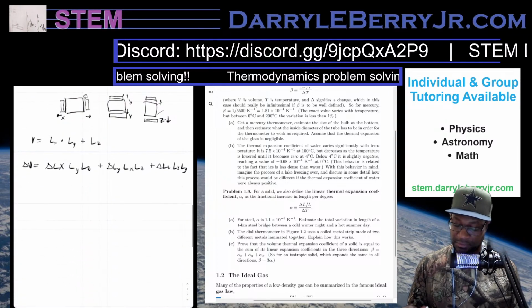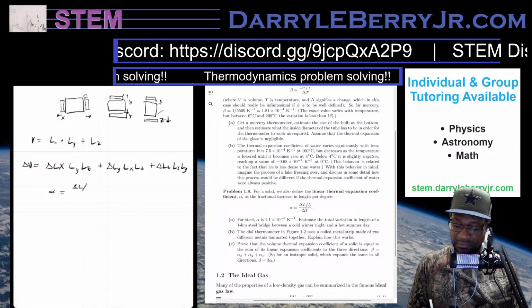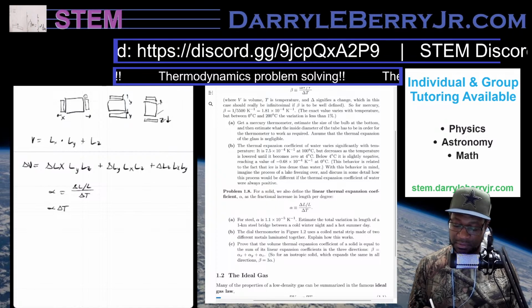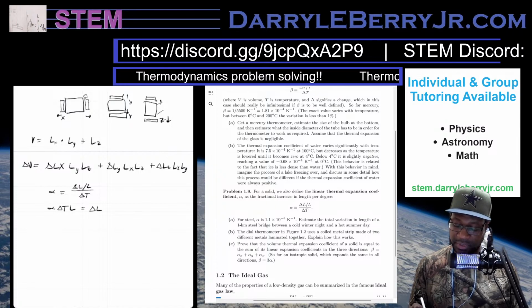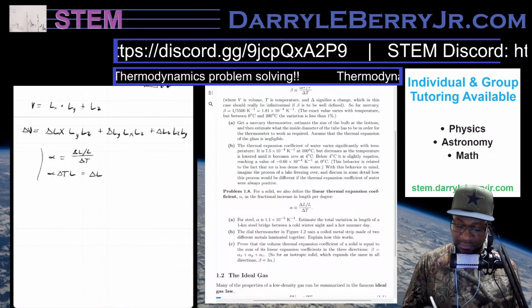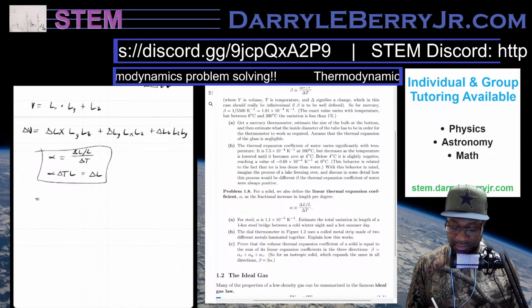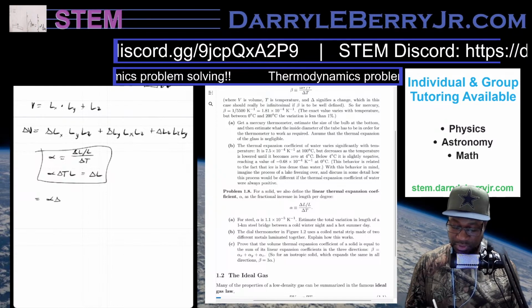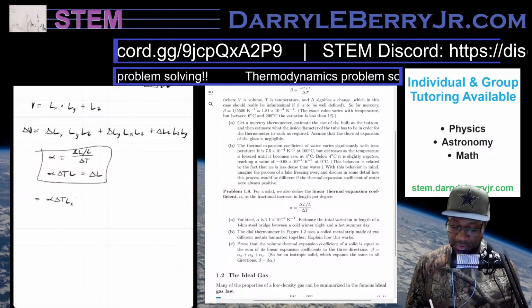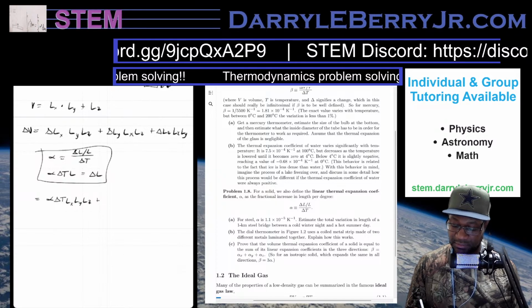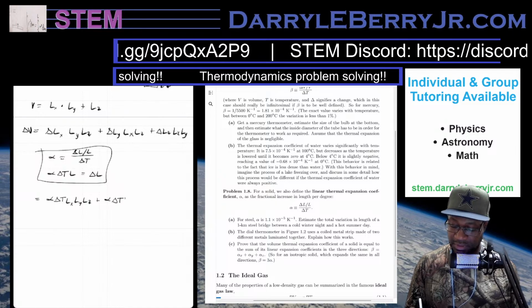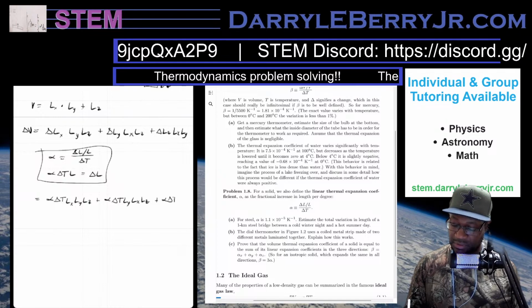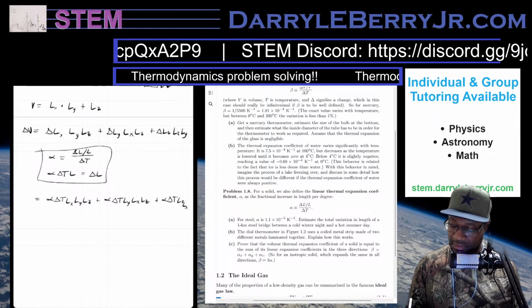And we know from earlier that alpha equals change in L over L divided by change in T. So alpha change in T times L equals change in L. We can substitute those in and say alpha change in T Lx Ly Lz plus alpha change in T Ly Lx Lz plus alpha change in T Lz Lx Ly.